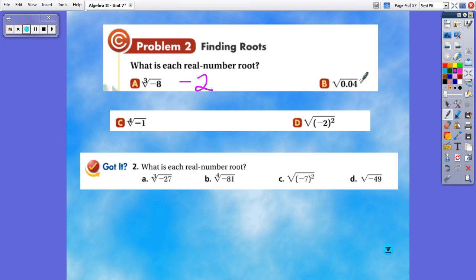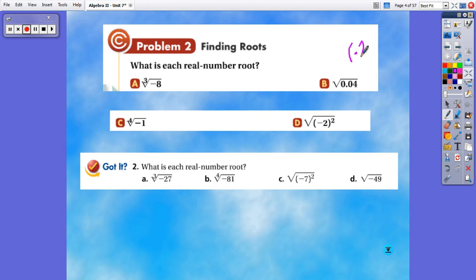Let's try the same thing for 0.04. So this time we're taking the square root. When there's not an index number there, you assume it's a 2, so it's the square root. What number raised to the second power is equal to 0.04? There are two answers in this case.